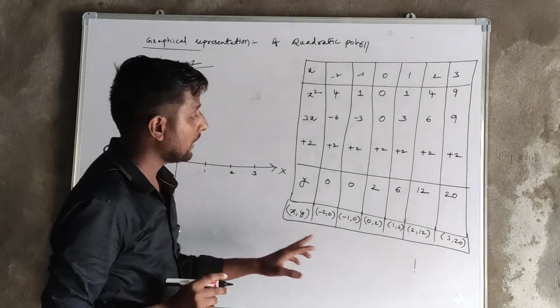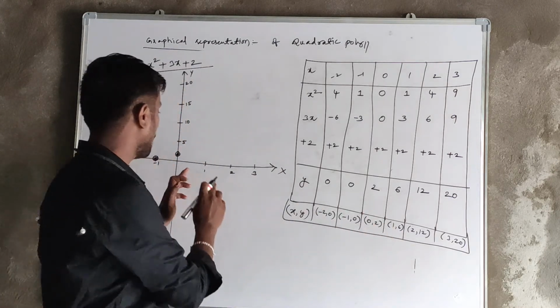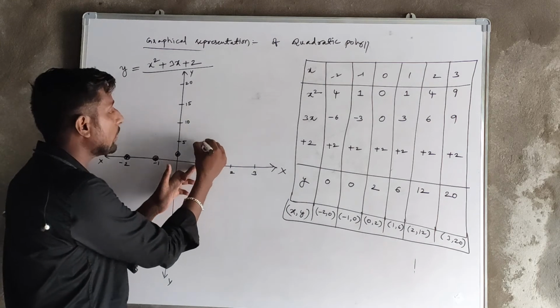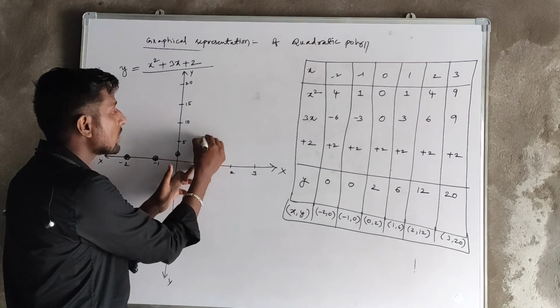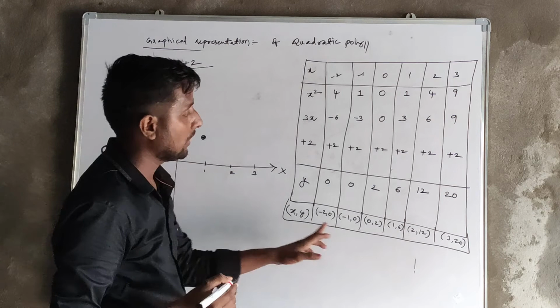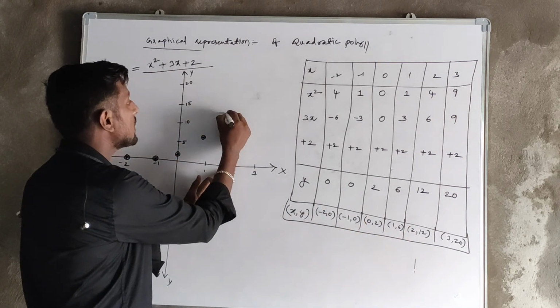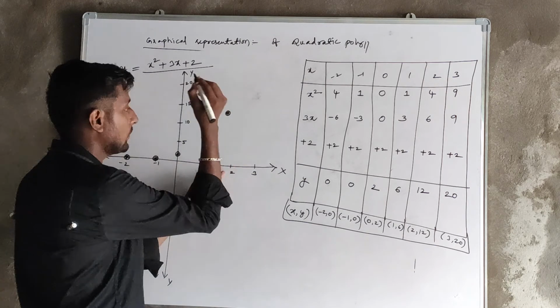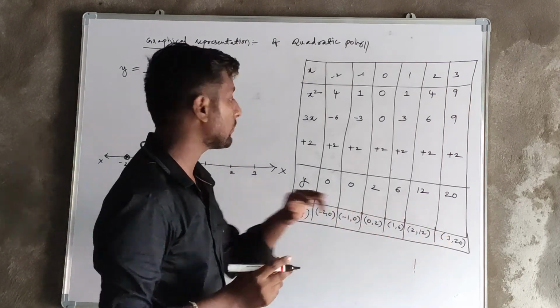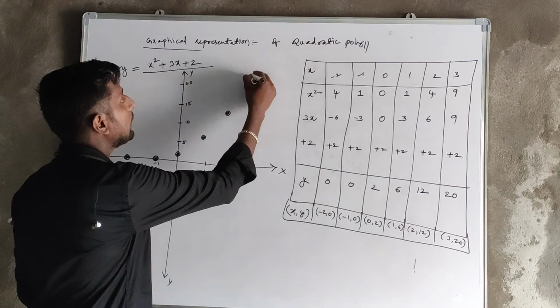Correct? Next, 1 comma 6. 1 from here, 6 means just after the 5. Next, 2 comma 12. Yeah, 2 from here, 12, just after 10. Next, 3 comma 20. Yeah, 3 and 20 at the end.